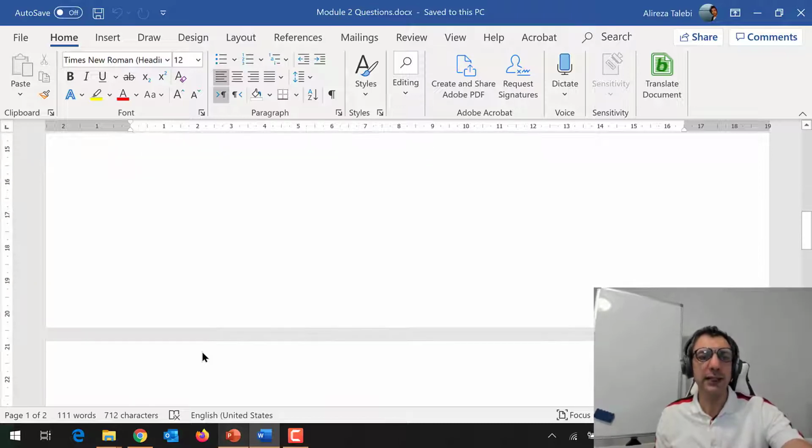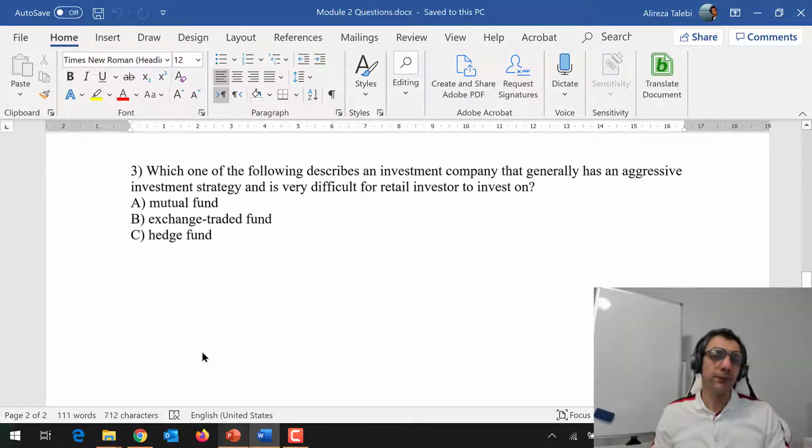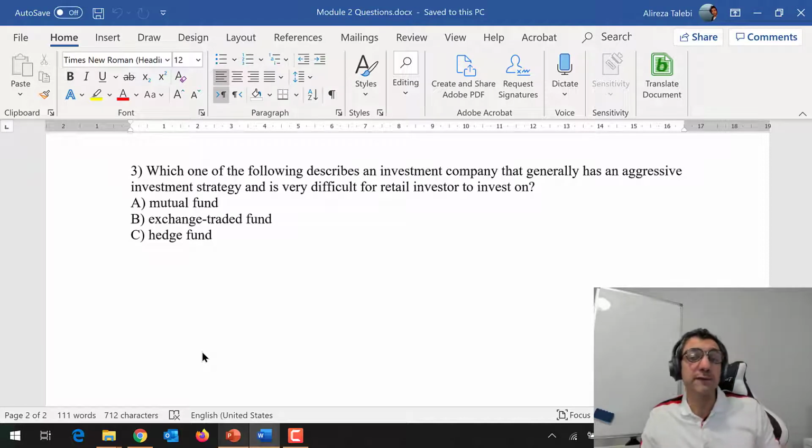So let's look at the third question. Which one of the following describes an investment company that generally has an aggressive investment strategy and is very difficult for retail investors to invest in? So we talk about three different funds, and I mentioned among those, hedge funds are very challenging for retail investors to invest in. Why? Because usually the initial investment is very high, so not every investor is able to invest in those.